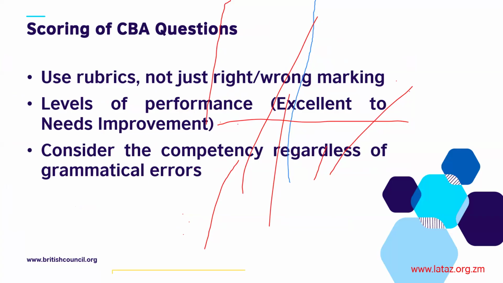Levels of performance from excellent to needs improvement. So there are learners who will need your attention. There are learners who will need remedial work. The rubric will cater for all those. Consider the competence regardless of grammatical errors. That is key. The last bullet, colleagues, is the most important there. We can move on, Mr. President.